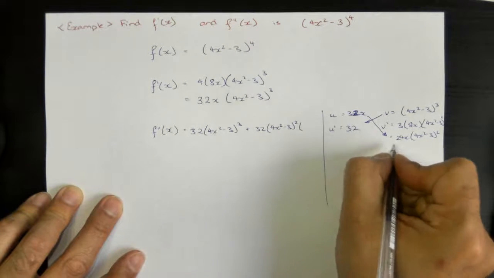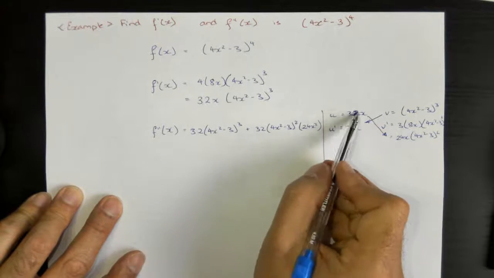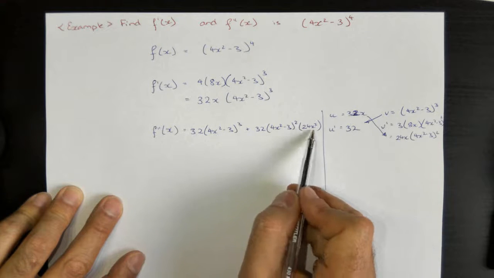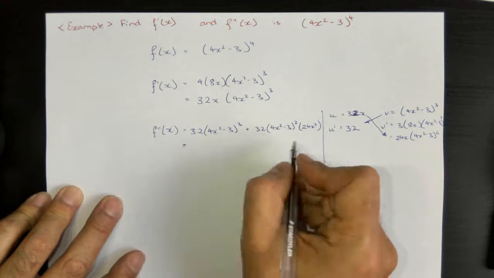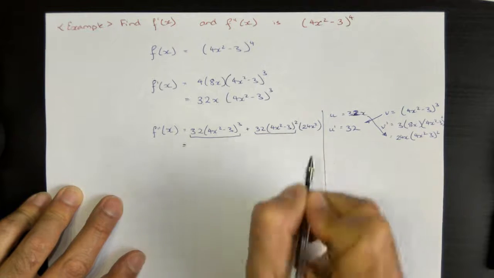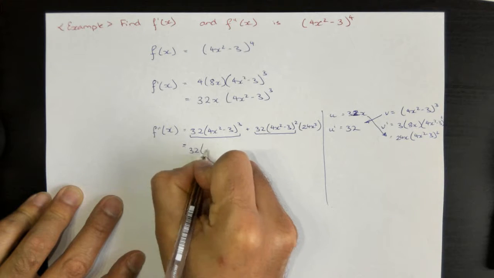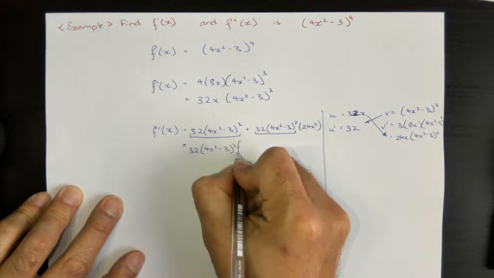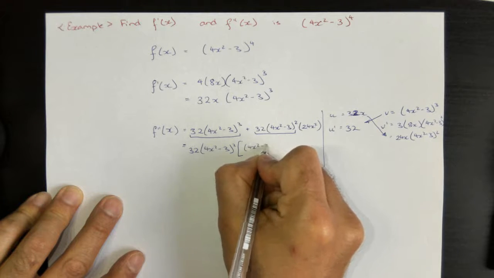So I'm just taking this 32, keeping that x with that x, the 24x squared that's here, and then keeping this there. And the reason why I want to do that is because this looks like a nice common factor. So I would get 32 lots of 4x squared minus 3, squared, times 4x squared minus 3.